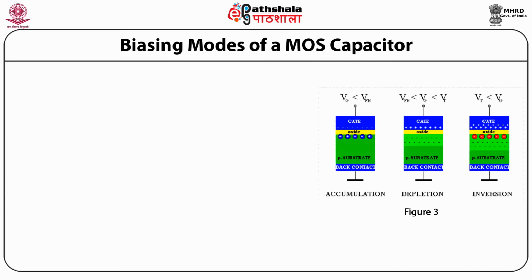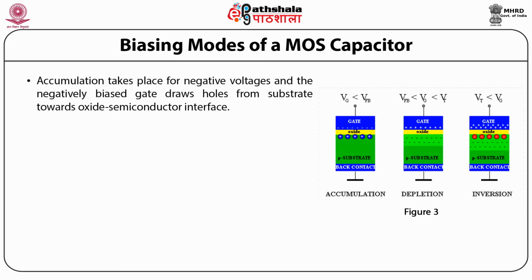As can be seen in the figure, accumulation takes place for negative voltages and the negatively biased gate draws holes from the substrate towards oxide semiconductor interface. Depletion takes place in positive bias voltages.